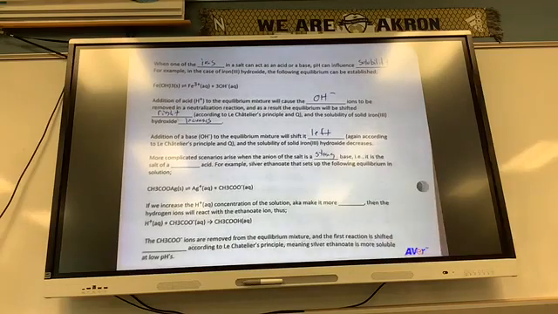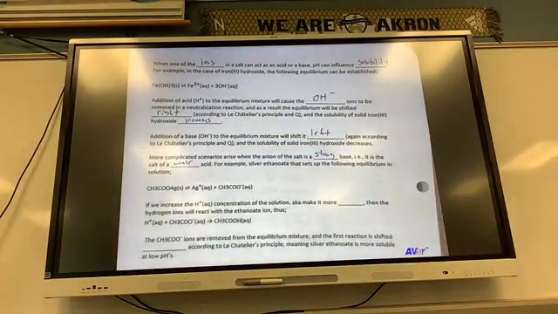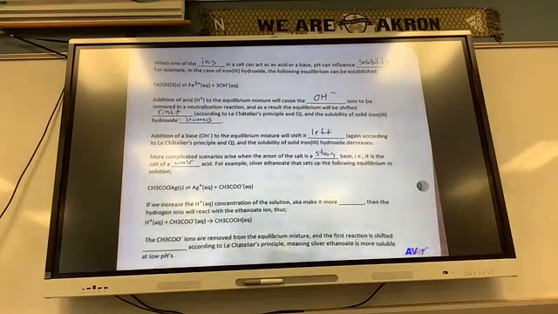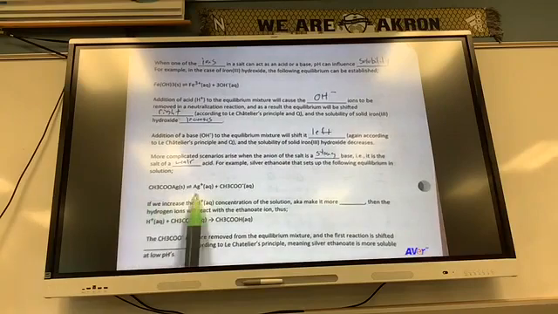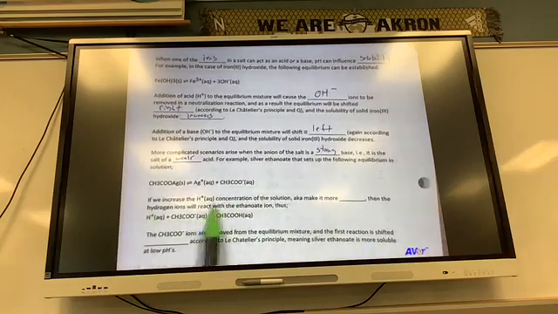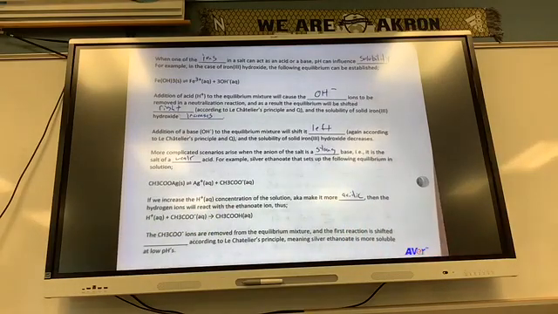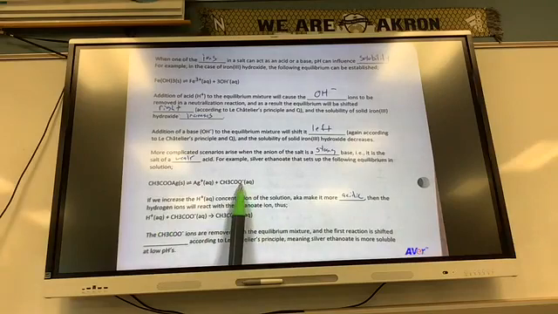For example, it is the salt of a weak acid, such as silver ethanoate, which sets up the following equilibrium. Here's my silver ethanoate. That breaks up into silver and CH3COO minus. If we increase H plus on this one, in other words make it more acidic, the hydrogen ions are going to want to react with the negative. Agreed?